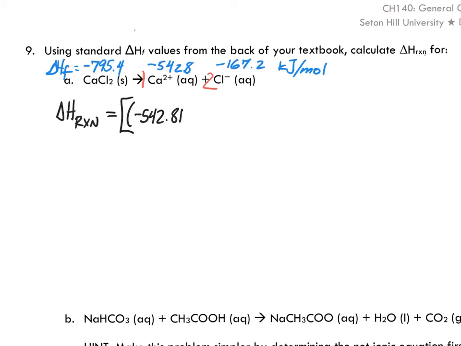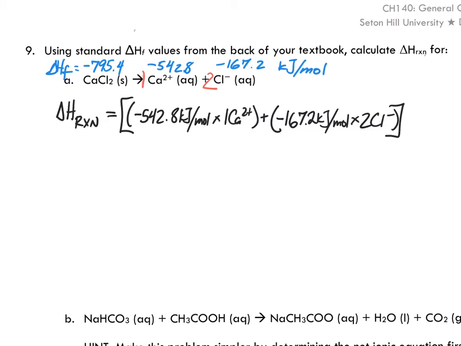Okay. So now we're going to plug these values into the equation. The delta H of the reaction is equal to the sum of the delta H's of the products. So the products are the calcium ion and the chloride ion. So it's negative 542.8 kilojoules per mole times 1 calcium ion, plus negative 167.2 kilojoules per mole times 2 chloride ions. That's going to be the sum of the enthalpies of the products, and this whole thing will be minus the sum of the enthalpies of the reactants.